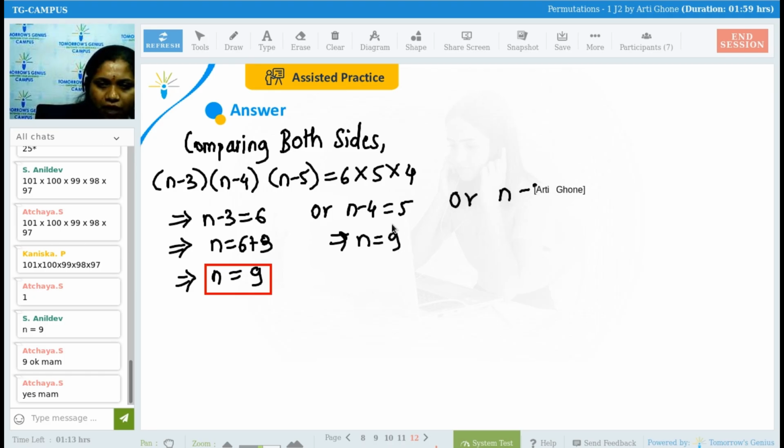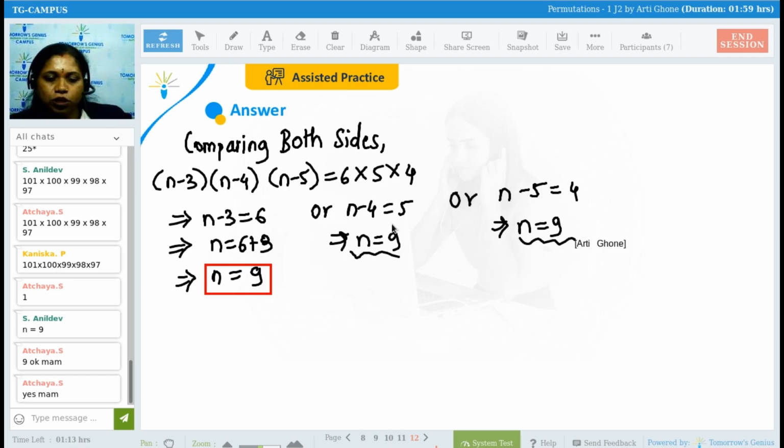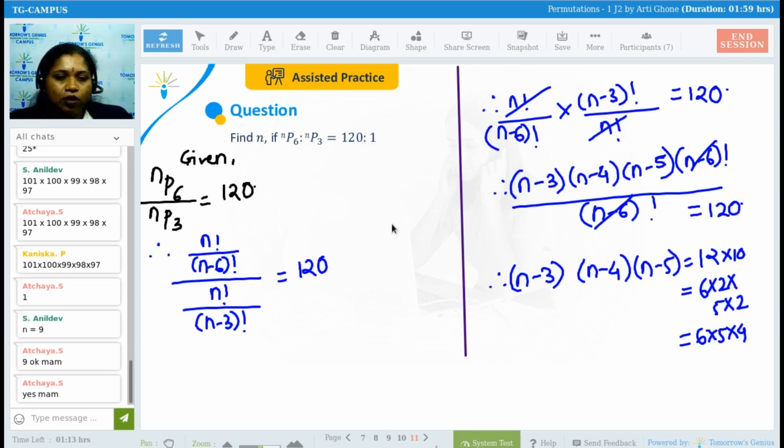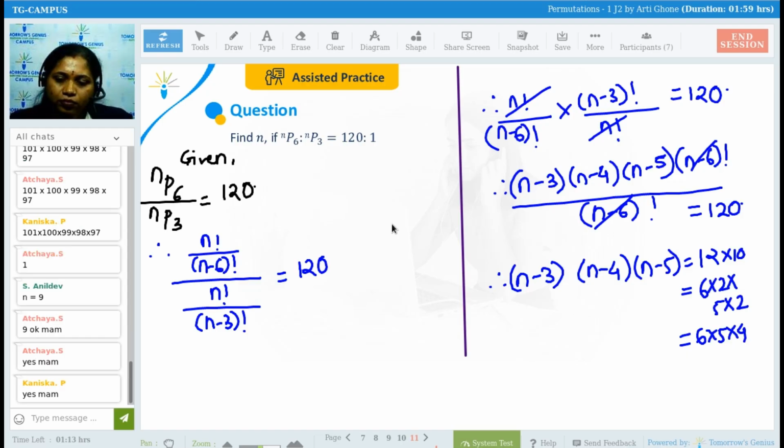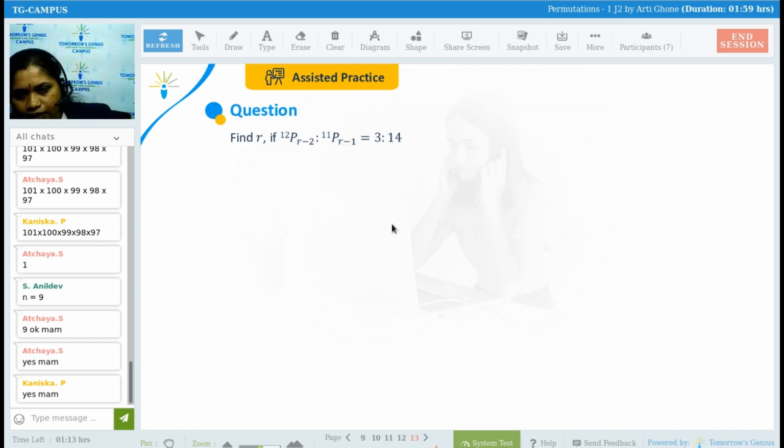Or if you compare n minus 5 is equal to 4, then also you get n is equal to 9. Clear? All the results match, but don't compare all at a time, no need. Just one comparison will give the answer. Clear or not?